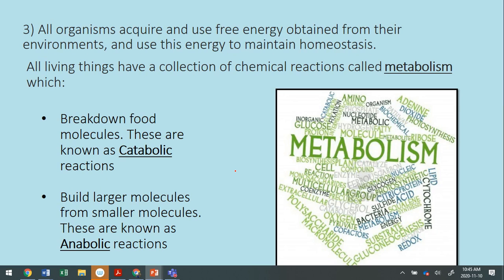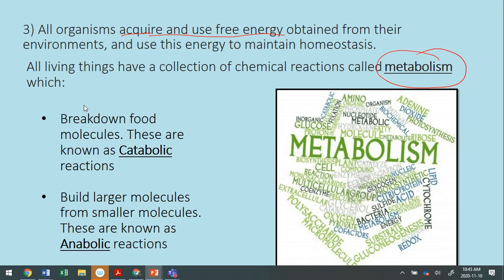Now, the third thing all living things have in common is something known as metabolism. So, all living things will acquire and use energy.